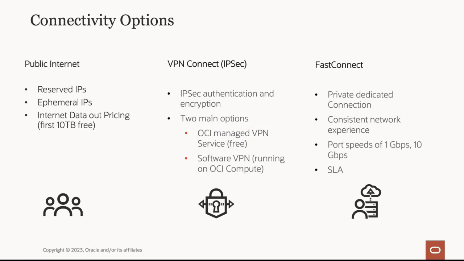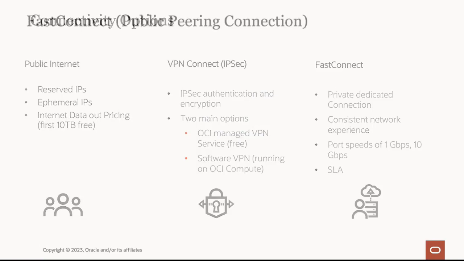Now, in terms of FastConnect, which is a very popular connectivity from your on-prem world to OCI, we provide you SLAs, which are very critical when you want to expand your on-prem network to the cloud and make it feel like an expanded data center. You need to have connectivity, and FastConnect provides SLAs with port speeds of 1 Gbps and 10 Gbps.